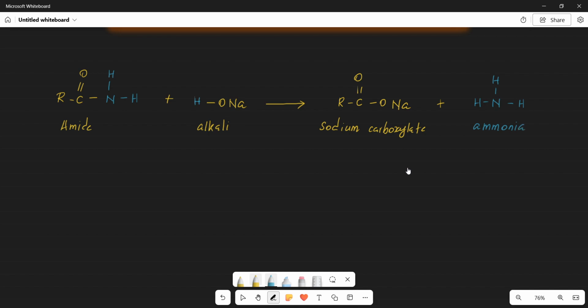So let me take a specific example. Let us say ethanamide. Ethanamide should have two carbons, so that's why I have two carbons, and it has an amide group, and it is hydrolyzed using alkali, NaOH aqueous.